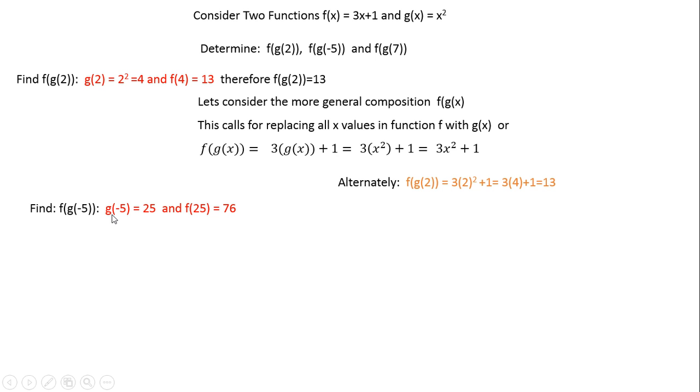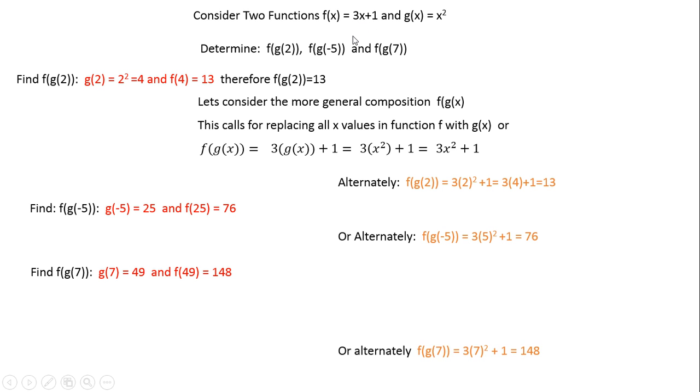In two steps, evaluate the innermost function, g of negative 5, resulting in 25, and plug that into the outermost function, f, resulting in 76. Alternately, go back to the general composition, 3x squared plus 1, with the input value of negative 5, ending up with the same thing. Again, f of g of 7: in two steps, g of 7 is 7 squared, 49, and f of 49 is 49 times 3 plus 1, which is 148.